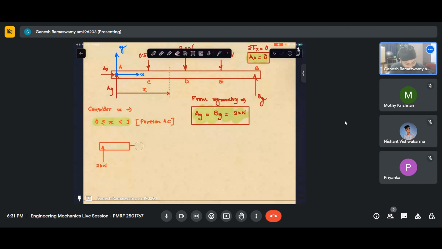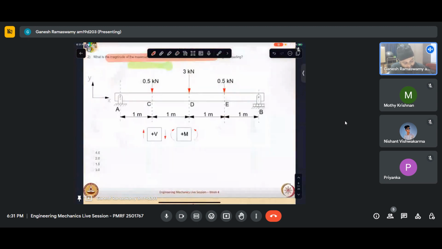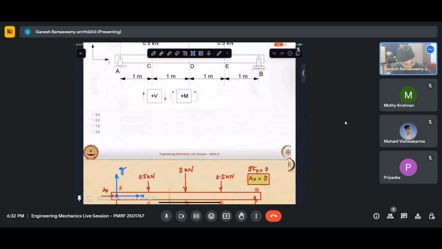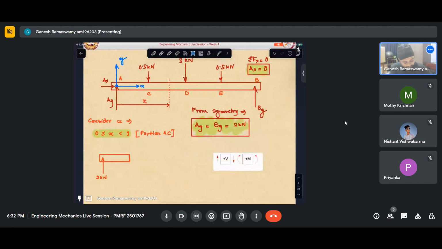Now let me revisit my question. My question shows the sign convention to be used. So let me take a copy of that sign convention. This is my convention with the understanding that these two denote the positive surfaces and these two denote the negative surfaces.